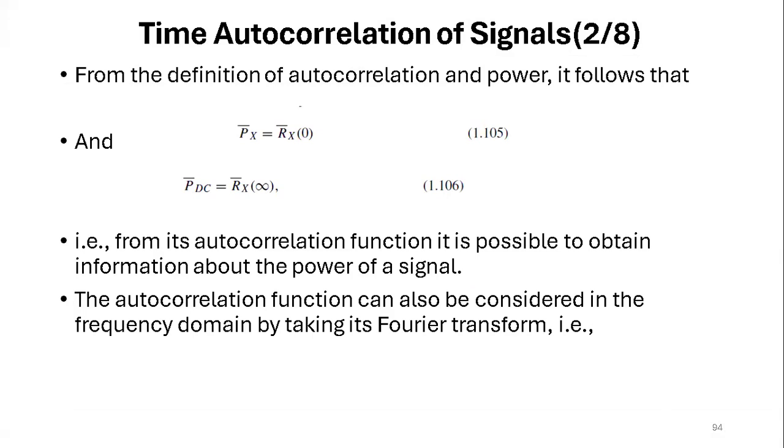From this autocorrelation function it is possible to obtain information, but the autocorrelation function can also be considered by taking its Fourier transform.